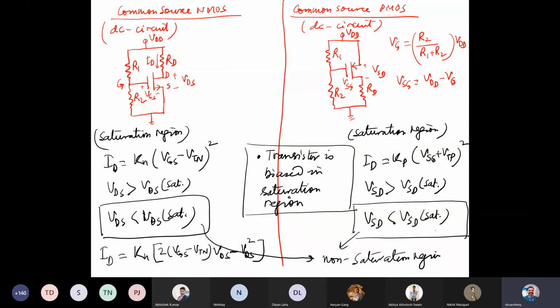Okay, so let's assume for parameters R1 is 30 kilo ohm, R2 is, let's say, 20 kilo ohm, and RD is 20 kilo ohm.